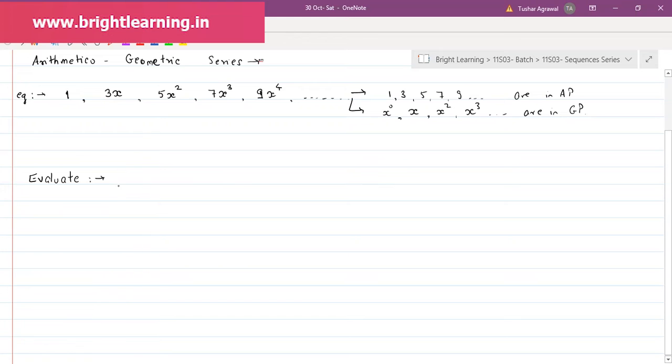First, we will consider an application. Let's say evaluate 1 plus 3 plus 6 plus 10 plus 15 plus 21 plus 28 and so on, up to n terms.